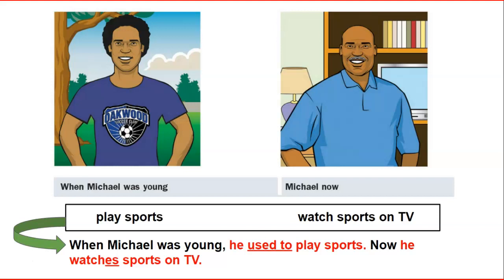You would say, now I watch sports on TV. Now they watch sports on TV. Now we watch sports on TV. So it only happens when the subject is a he, a she, or an it. And it drives people crazy that are trying to learn English. It's hard to remember.